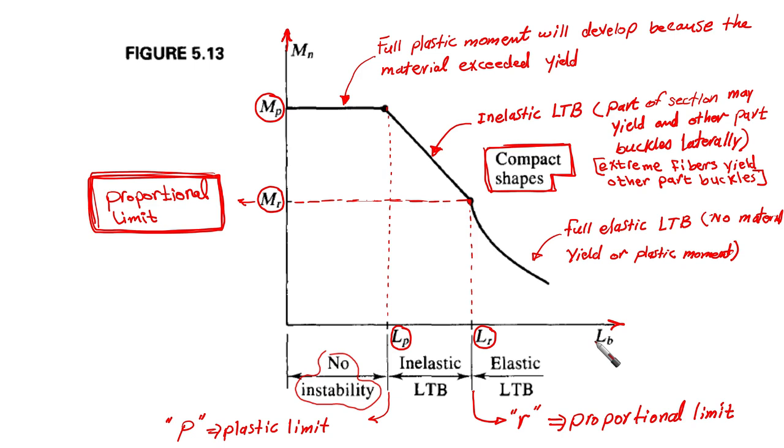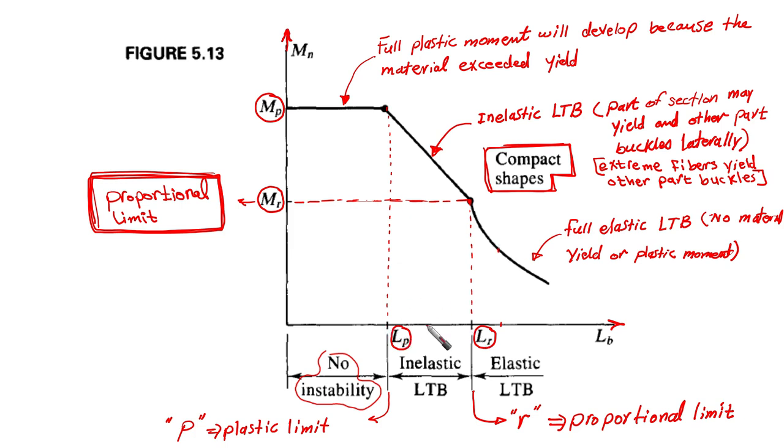If LB is larger than LR, then the section is going to be slender. This means full elastic lateral torsional buckling, and no material yield or plastic moment would occur. So if the element has this unbraced length, the cross section is going to buckle. LTB is going to occur in an elastic way, without any yielding of any part of the material.